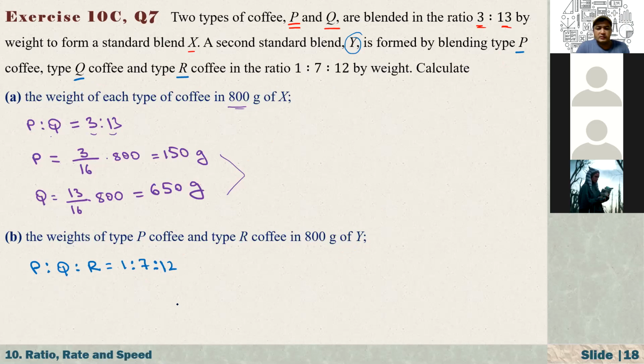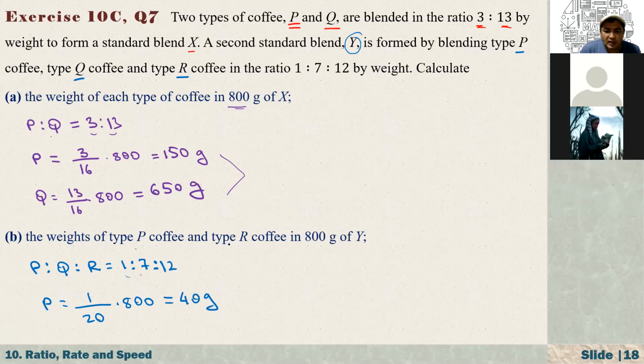Type P is only 1 out of 1 plus 7 plus 12, that is 20, times 800, which is equal to 40 grams.